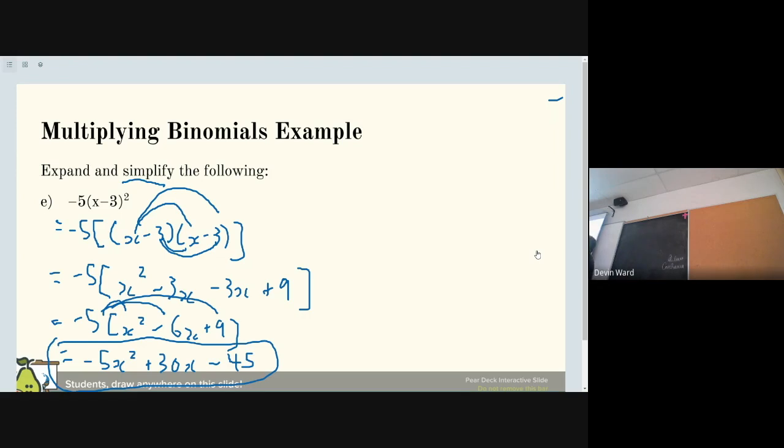Most of the time it's going to be a trinomial. Okay, well, you'll have 3 terms after multiplying the binomial. Okay, we got one more, and then I'll give you the rest of the time to work on some homework questions, okay?